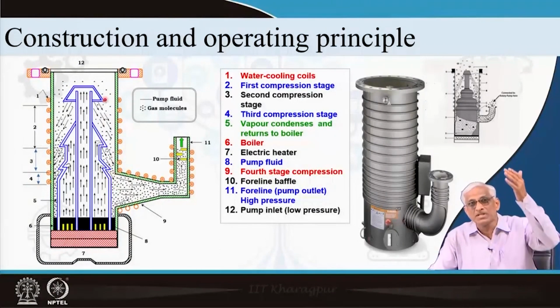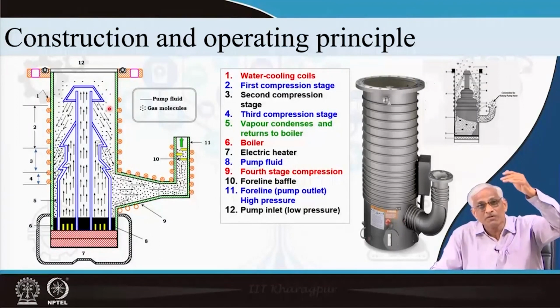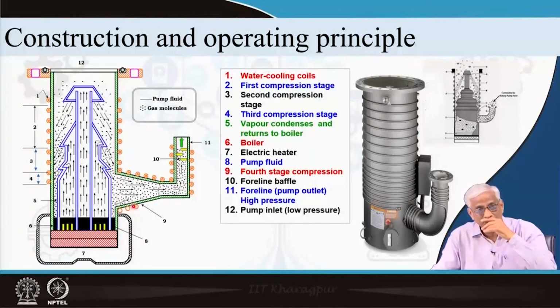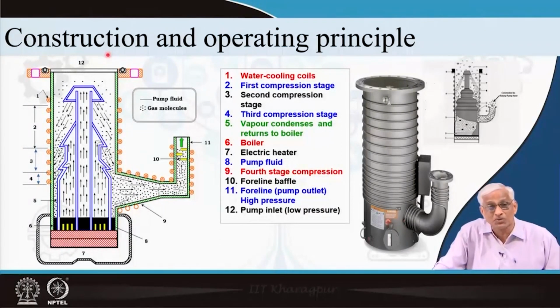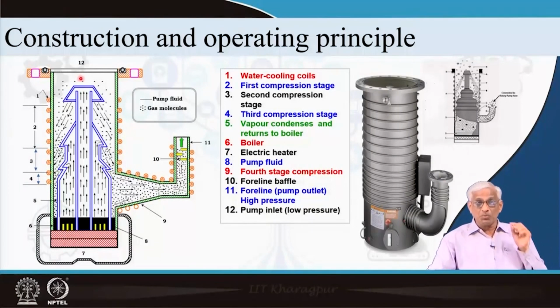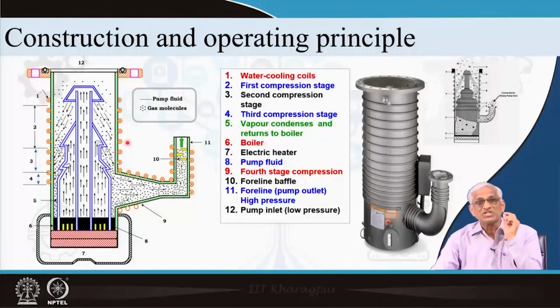Progressively, from 10 power minus 2 torr initially, these molecules will slowly get compressed. The rotary pump could not evacuate the same molecules initially because it was 10 power minus 2 torr, but now they have been compressed by these oil molecules, which are acting like molecular pistons.